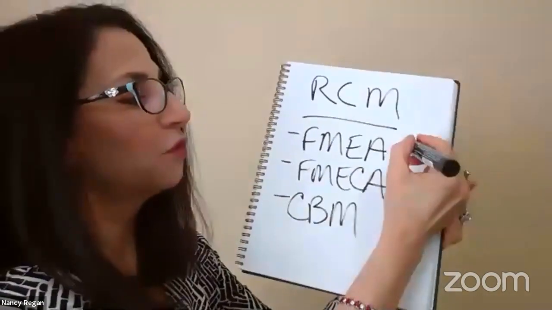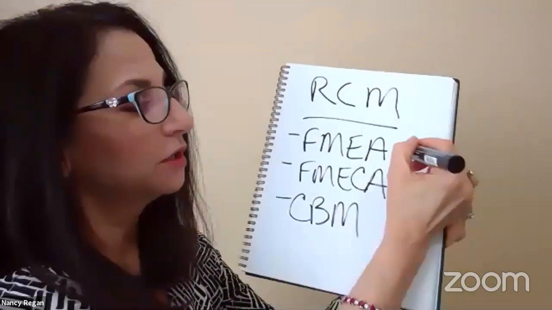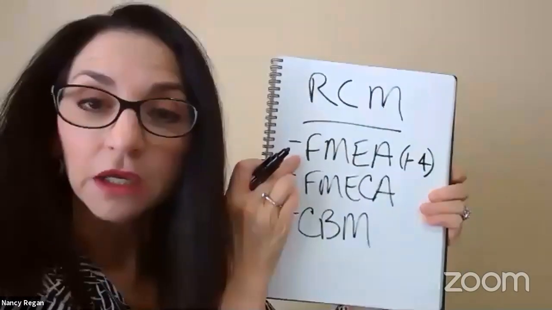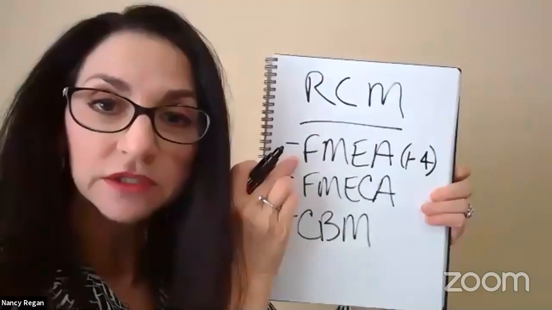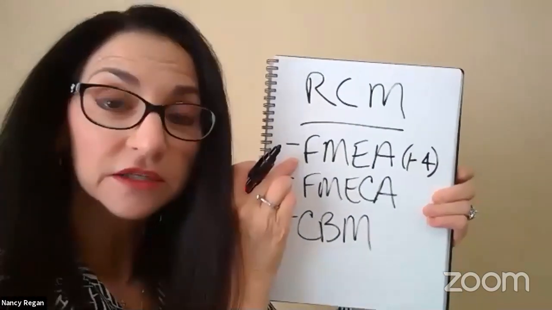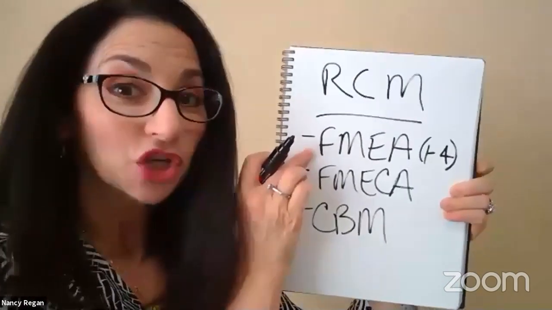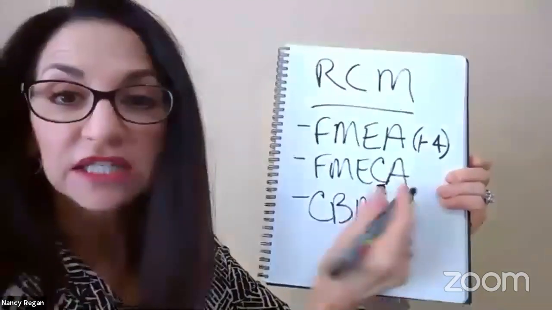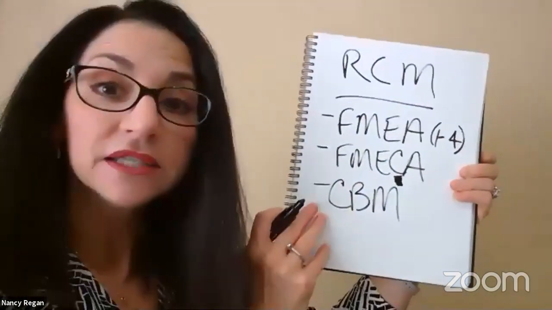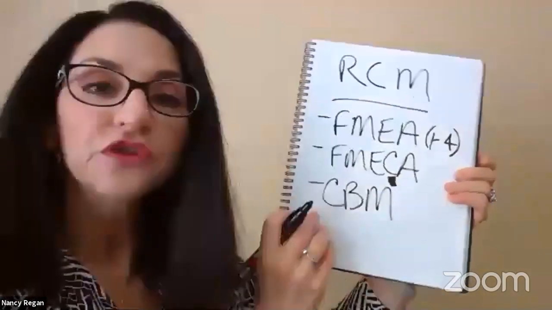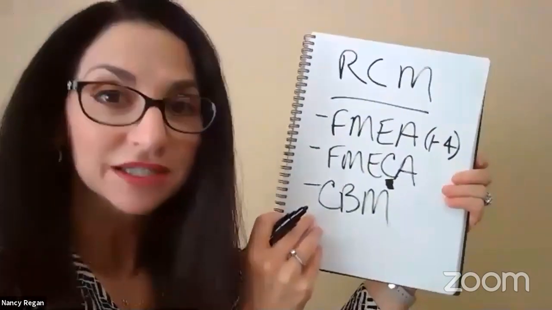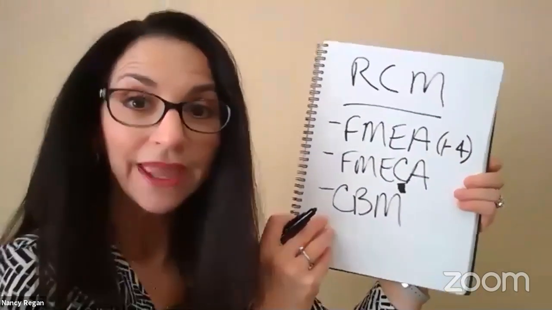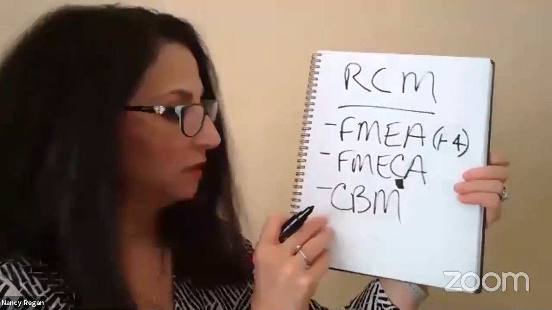Steps 1 through 4 of the RCM process make up the FMEA: functions, functional failures, failure modes, failure effects. Step 5 is we assess consequences of each failure mode. That makes up the C in FMECA. And in step 6, we consider if there's any kind of proactive maintenance that's technically the right thing to do, and is it worth doing it?